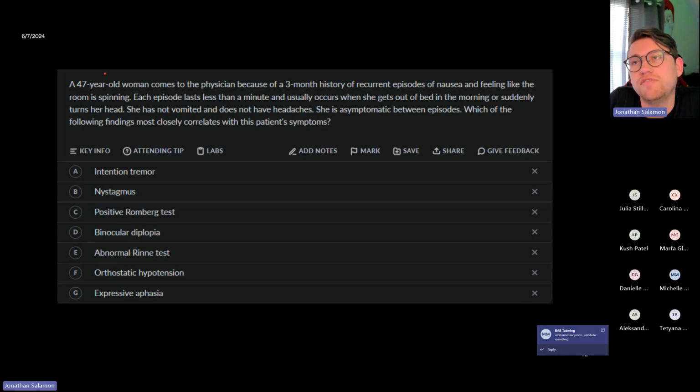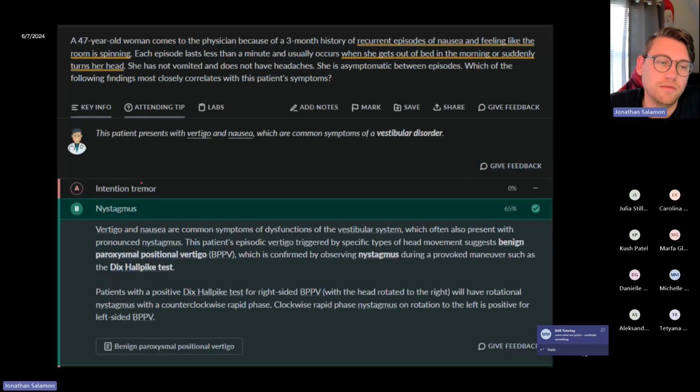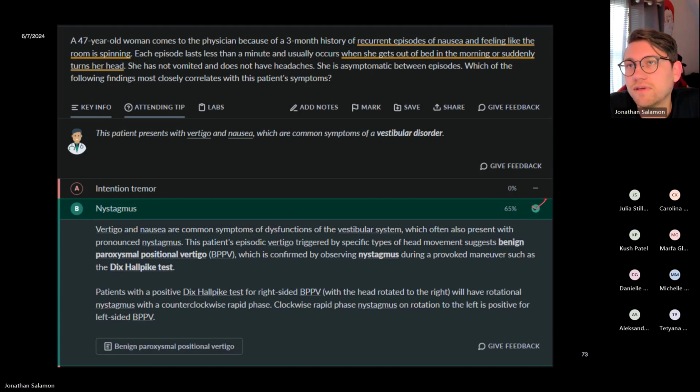Yep, she's BPPV, right? And in BPPV, we get a nystagmus. Our ears think our head is moving even though it's not, and our eyes try to stay centered, right? BPPV. Maybe this was a little mean, because we did cerebellum today.